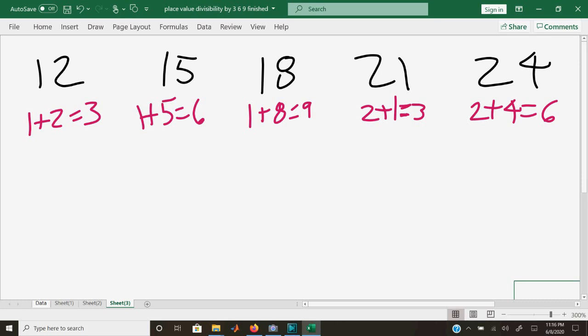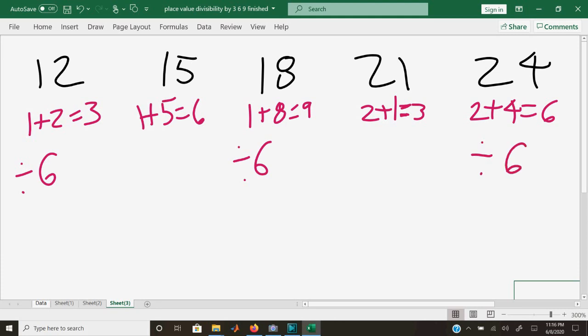12, the digits add up to 3, but it's divisible by 6. So we can divide by 6. 15, they add up to 6, but it's not. 18, they add up to 9. It is divisible by 6. 21 is not divisible by 6. They add up to 3. 2 plus 4 equals 6. And 24 is divisible by 6.